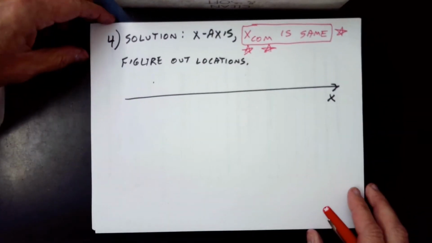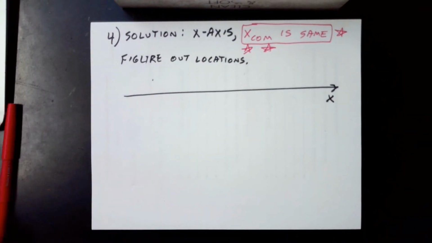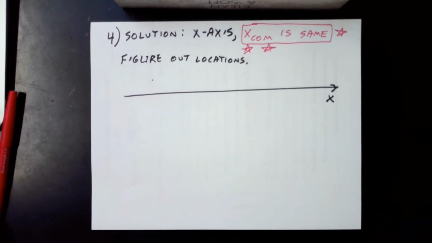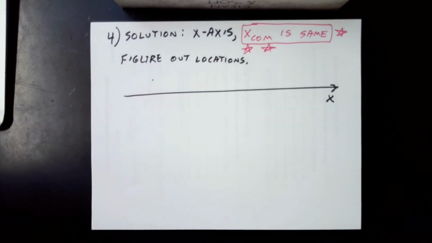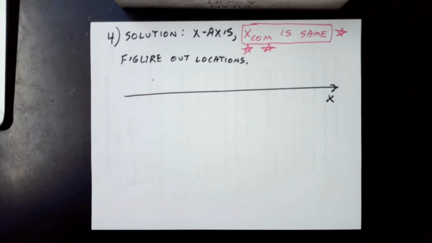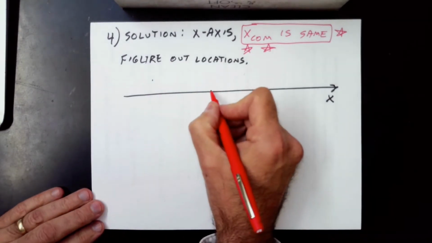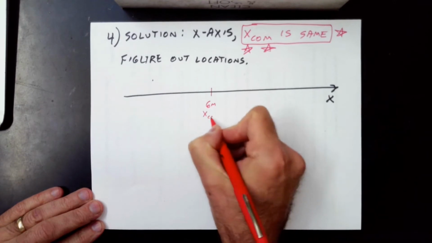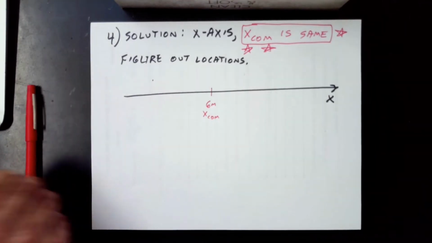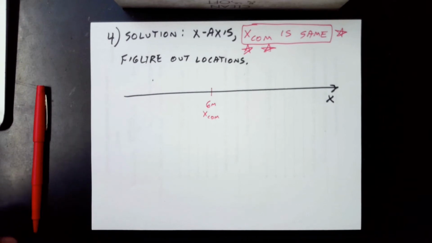Okay, so here's how to do it. The key idea is that the center of mass does not move. And we've established that the center of mass is at the 6 meter mark. So let's put the 6 meter mark. That's the center of mass, x_CM. That cannot change. And what they've done is they've switched positions now.